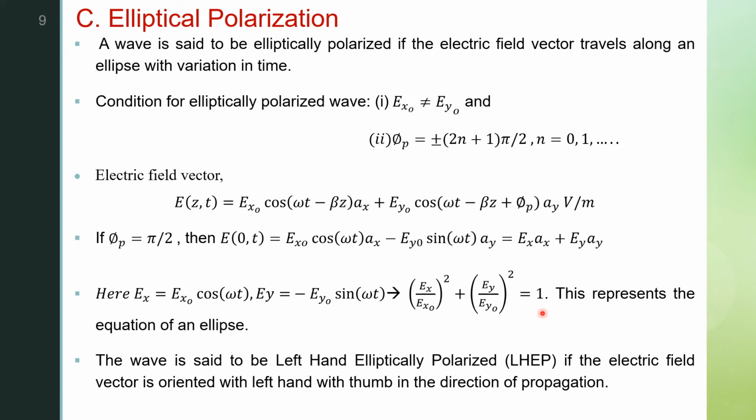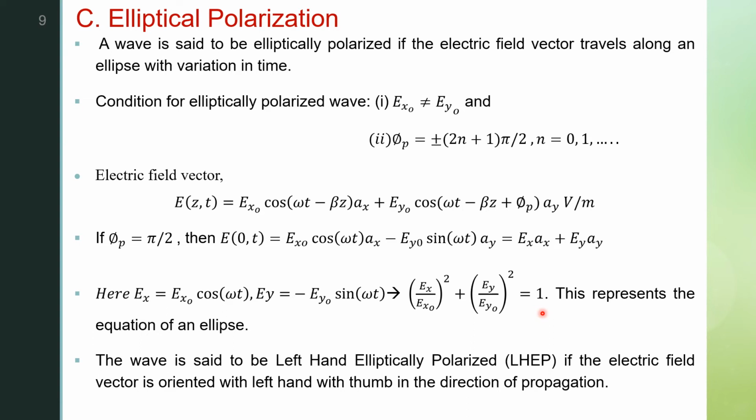So just as we learned in circular polarization, elliptical polarization also has two classifications. The wave can be left hand elliptically polarized and the wave can also be right hand elliptically polarized. Whether it is left hand or right hand polarized, you have to check with the wave rotation and the direction of propagation.